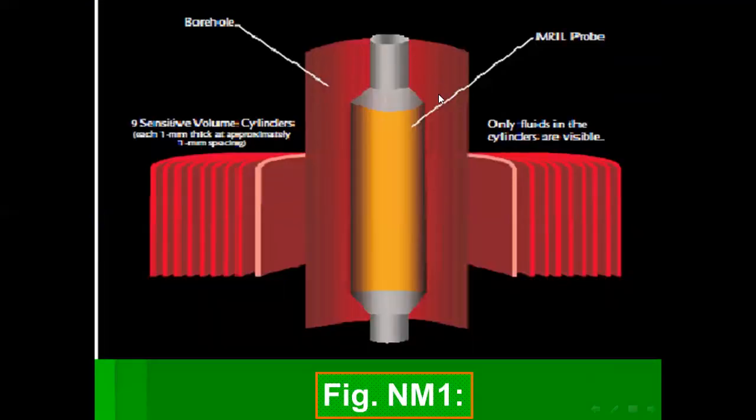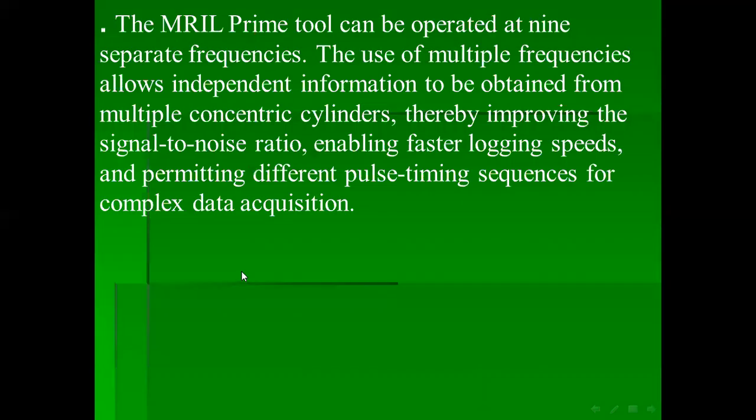So by increasing the frequency, we can investigate the more shallow region or shallow slice, while by decreasing the frequency, we will obtain the higher wavelengths, and so we can investigate the deeper thin slice.